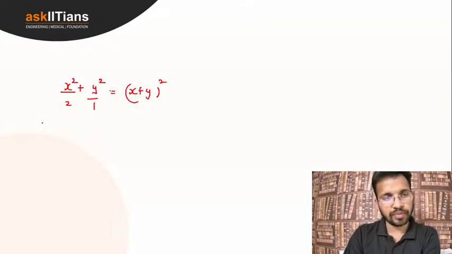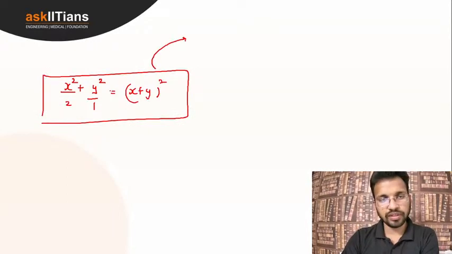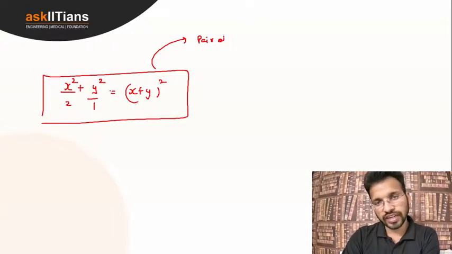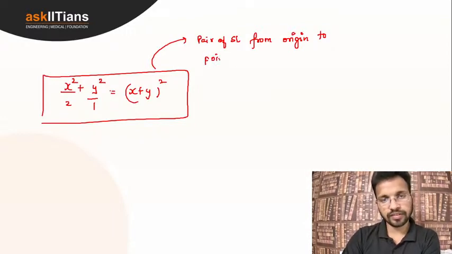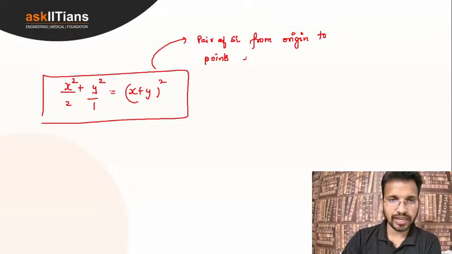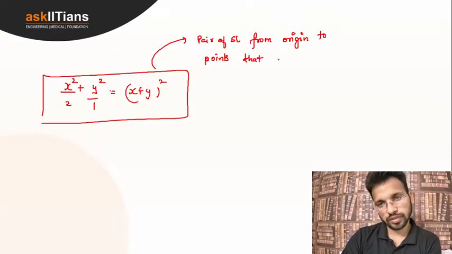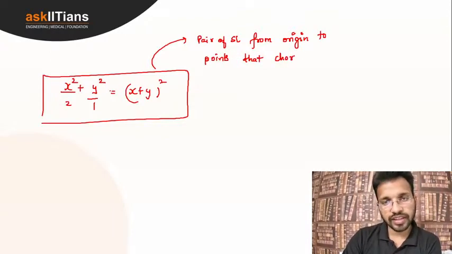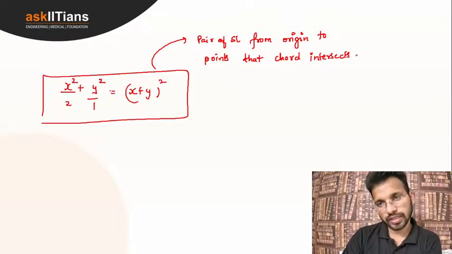What does this equation represent, all of you? This represents pair of straight lines from origin to points that, in this case, are where the chord intersects the curve, right?